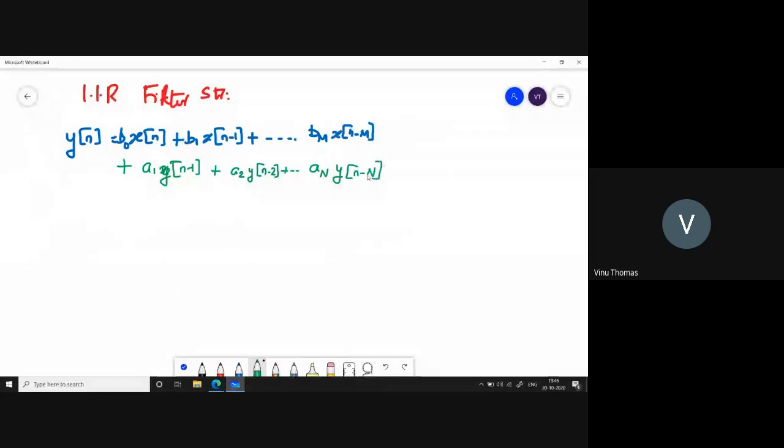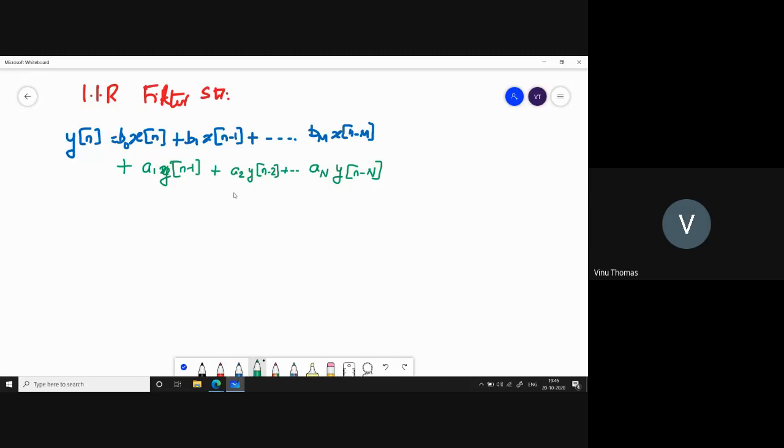So for this IIR filter, which is the general equation that we are going to write, the present output at the instant n depends not only on the present input sample and the past input samples up to the nth past input sample. It also depends on the previous output samples, y of n minus 1, y of n minus 2, plus etc. to y of n minus n. So this also depends on the previous output samples, which means there is a recursion.